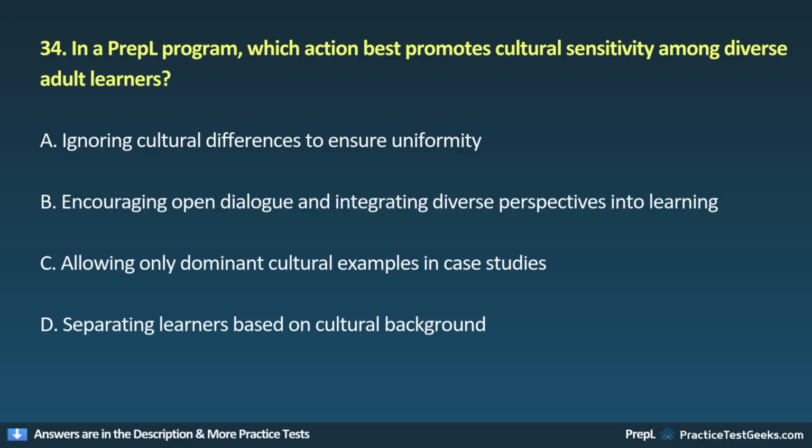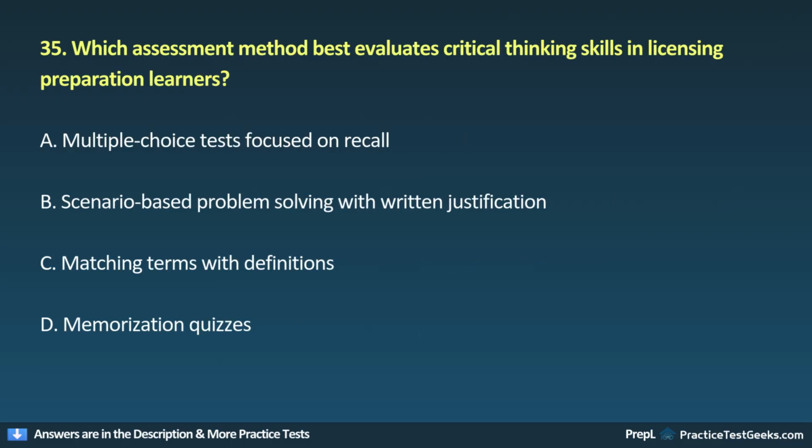D. Separating learners based on cultural background. 35. Which assessment method best evaluates critical thinking skills in licensing preparation learners? A. Multiple choice tests focused on recall. B. Scenario-based problem solving with written justification. C. Matching terms with definitions. D. Memorization quizzes.